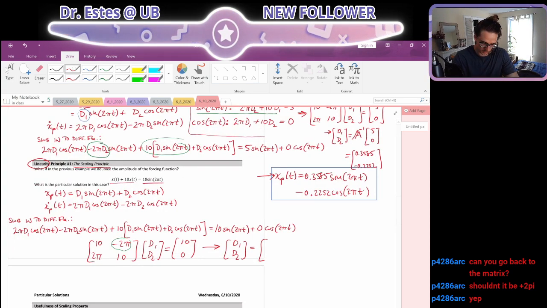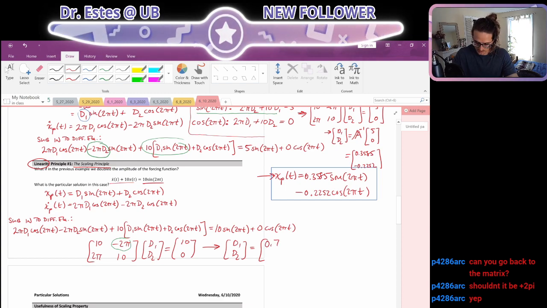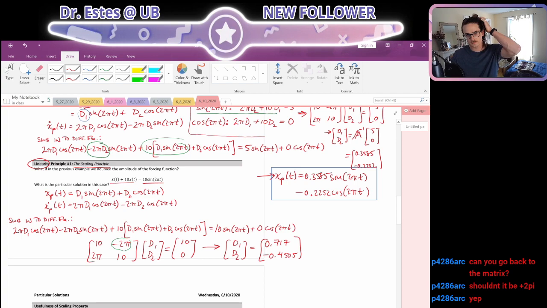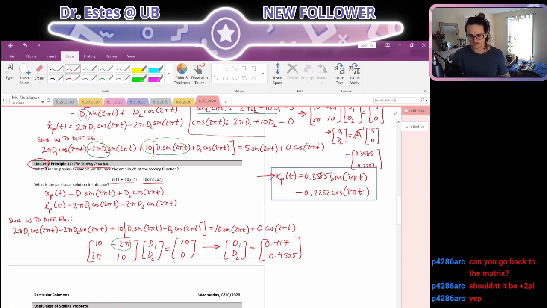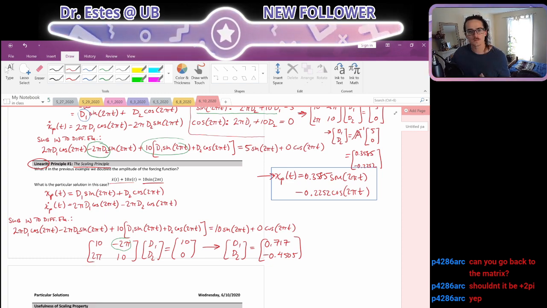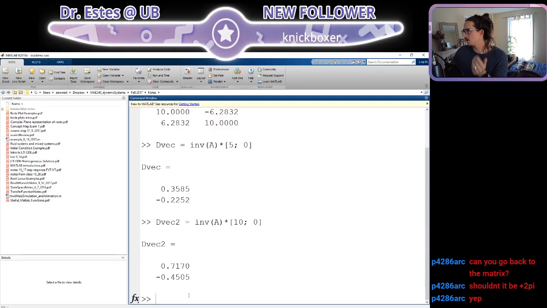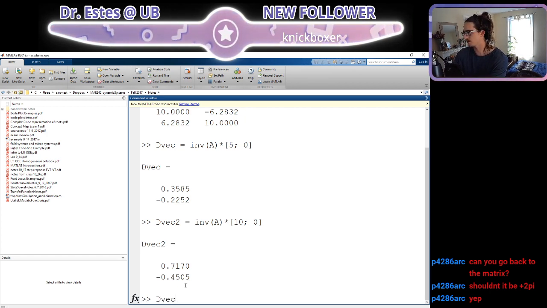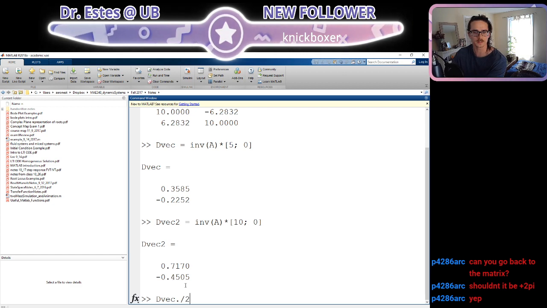All right, so D1 is 0.717. D2 is minus 0.4505. But, okay, let's try something. I'm going to go back to MATLAB. What if I take this vector and I divide each element by 2?